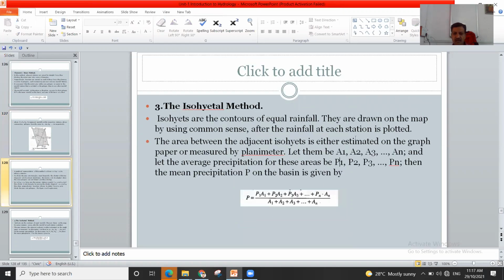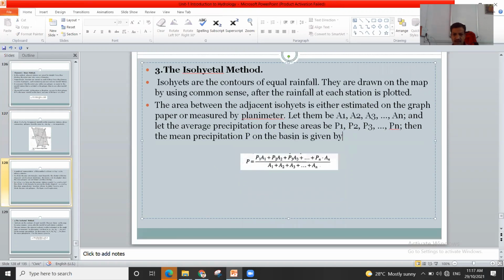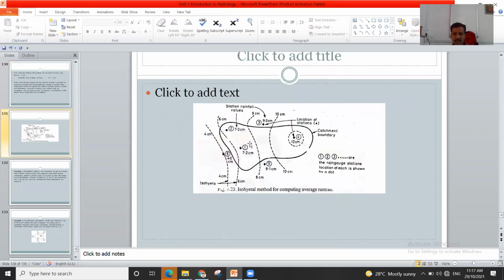Then isohyetal method, in this isohyets are formed. This is isohyetal map. याप्रमाणे हा मॅप दिलेला असेल. Values of isohyets and values of rainfall at each station is given.